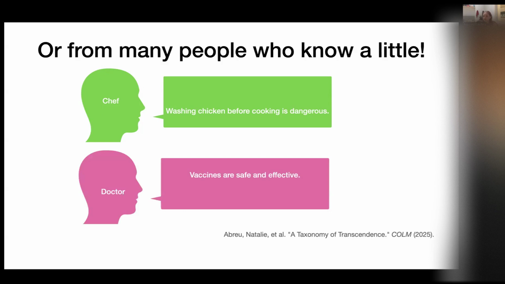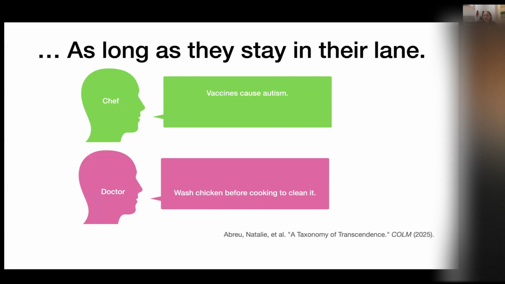You could also learn from a chef and a doctor individually, a more diverse set of people. And the chef is still gonna sort of stay in their lane, let's say, and tell us washing chicken is dangerous. And the doctor is gonna stay in theirs and talk about vaccines. What happens if they don't?